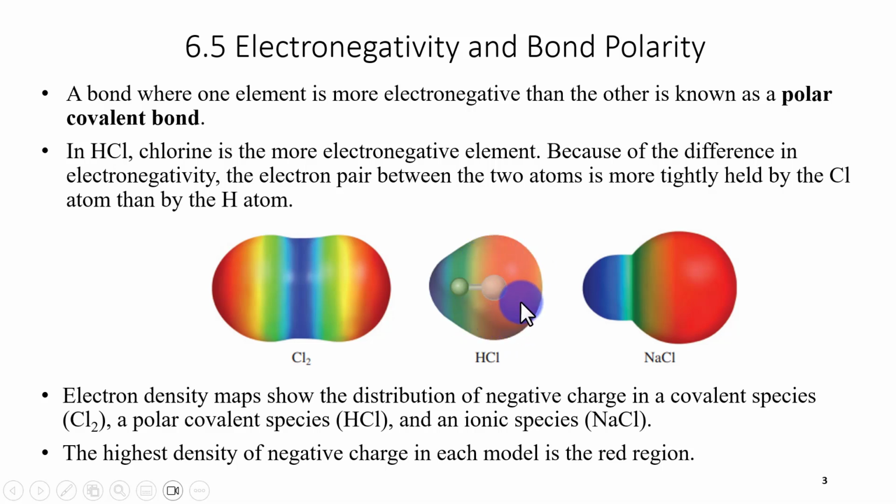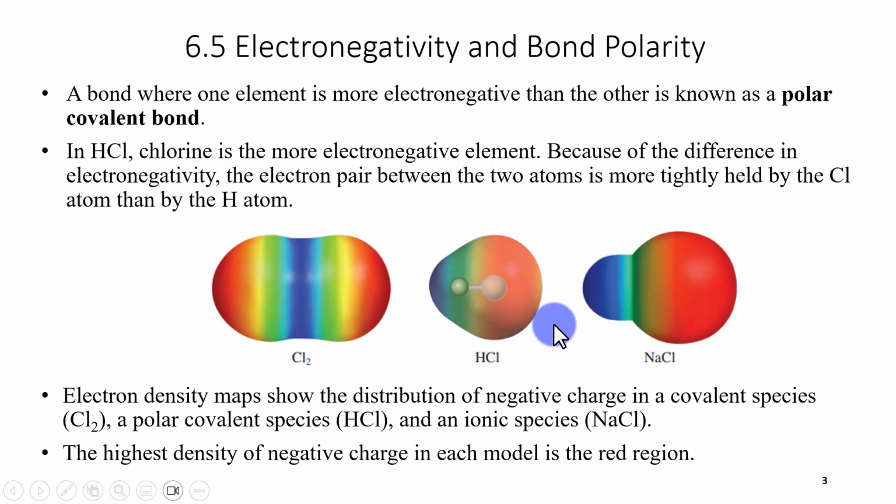So a partial negative charge on the chlorine, not a full charge because that electron is not completely transferred to the chlorine from the hydrogen. So it's a partial negative charge. And by default, then hydrogen is going to have a partial positive charge because now it's lacking even that one electron that it had.